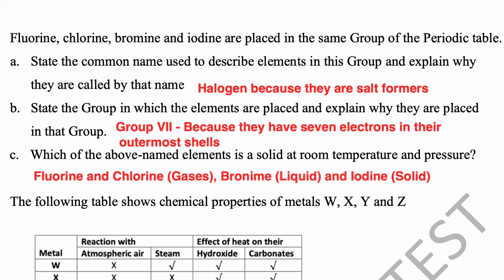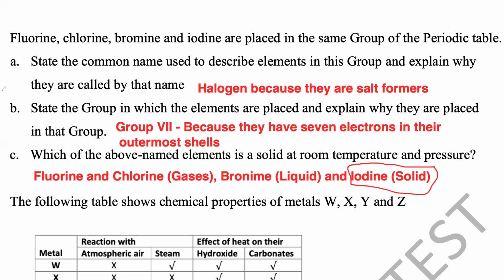So which one is a solid at room temperature and pressure? Most definitely we know that it is iodine. It is iodine, yes. So it is actually this one here. So that's where we ended with the questions that we had.